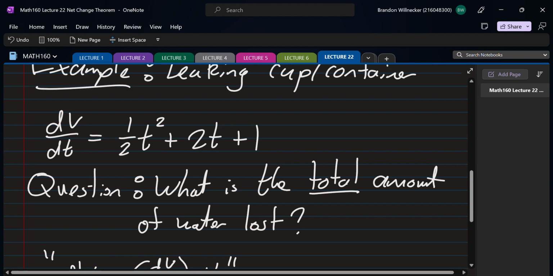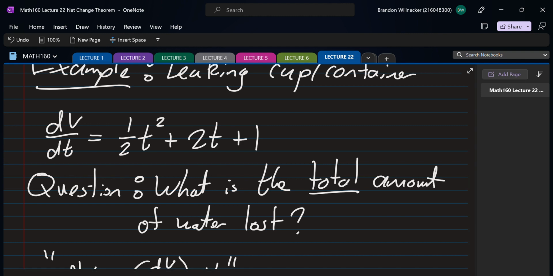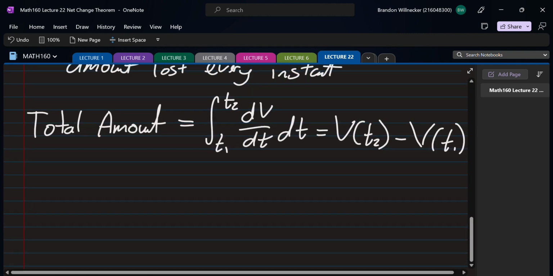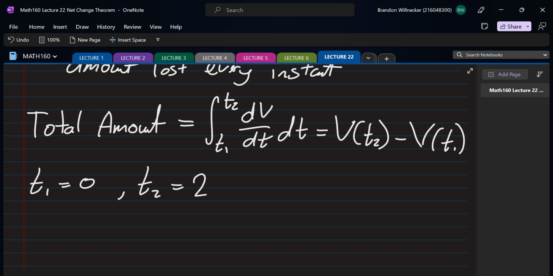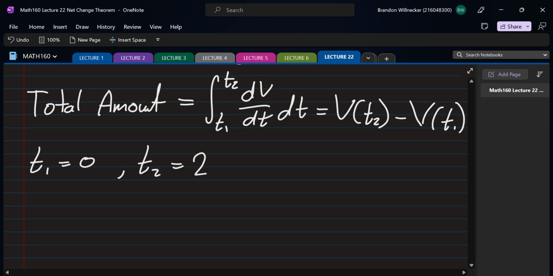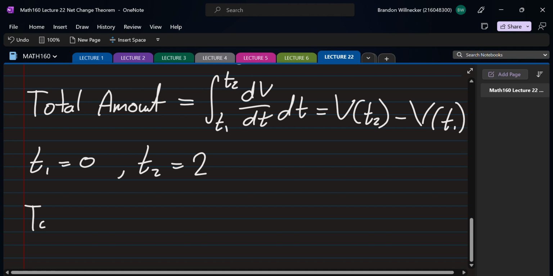Okay, so let's have a look at this example again. So we have 1/2 t squared plus 2t plus 1. That is dV by dt. What we want to find is the volume. So let's say t1 is 0 and t2 is 2. So from time 0 to time 2, what is the total amount lost?